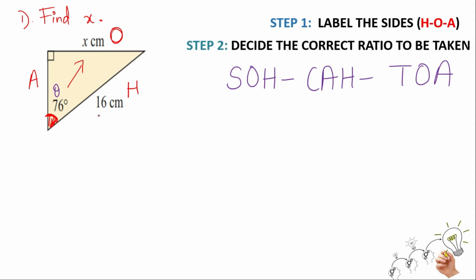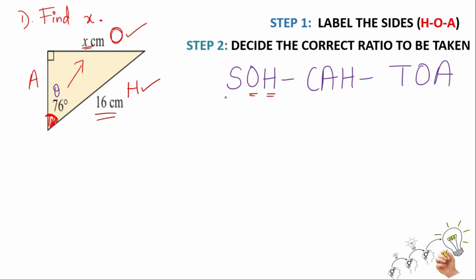Now you can see the known is H and the unknown is O. Which trigonometric ratio, whether it is the sine, cos, or tan, connects O and H? Look at the alphabets. You have O and H here.